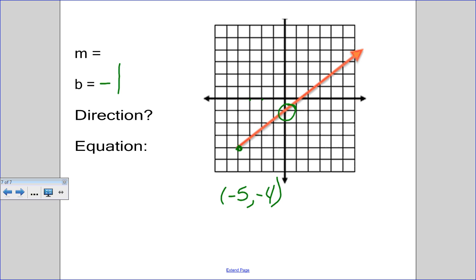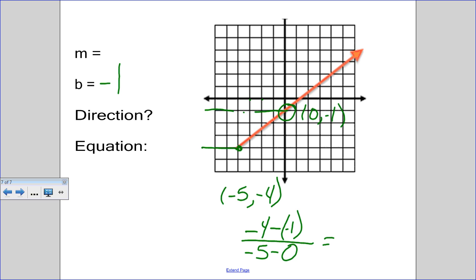All right, let's try our formula again. We have the change in our y values over the change in our x values. Remember, our vertical over our horizontal. So I could say negative 4 minus negative 1 over negative 5 minus 0.